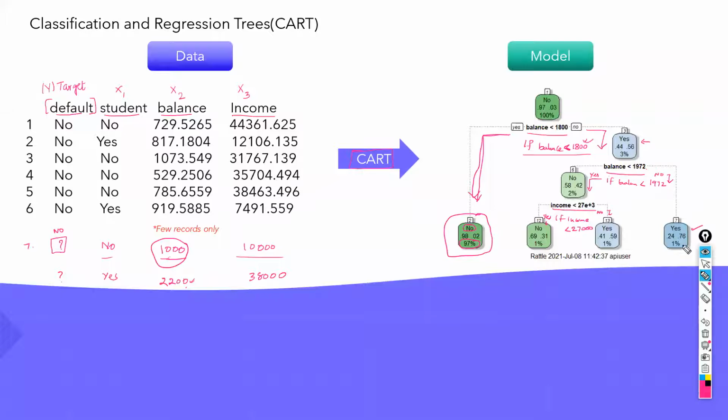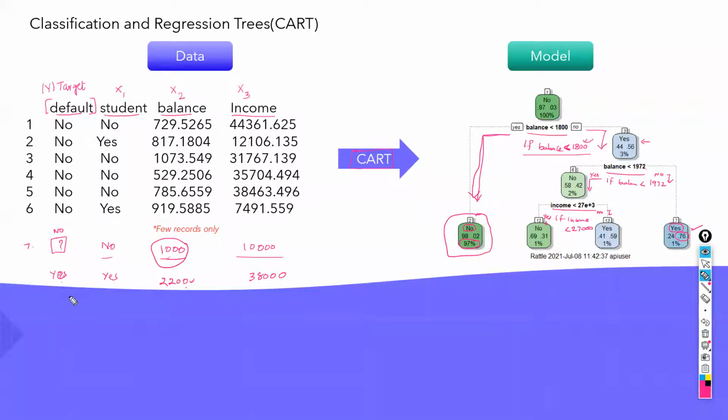In this node, 76% of the observations belong to the class yes. And that is why our prediction would be yes. We might not be right all the time, but we are going to make our decisions based on what is the majority of these observations in this node.